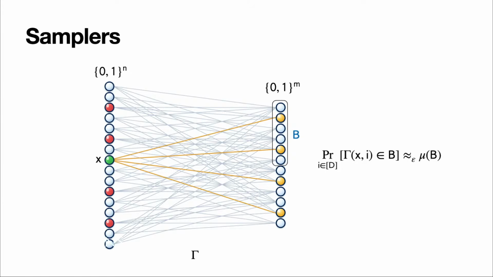Here I am taking my function f to be just the indicator of whether an element is in the set B or not. So I guarantee that any good element on the left-hand side sees B roughly the fraction of times that it should see B. Okay, so this is my guarantee. Good. Is the definition okay?